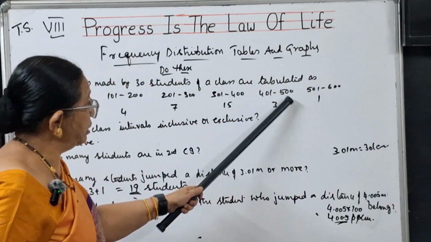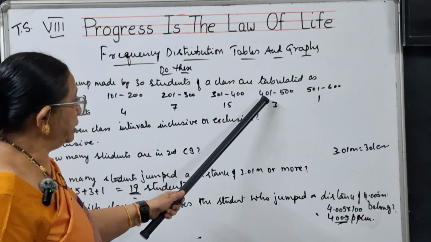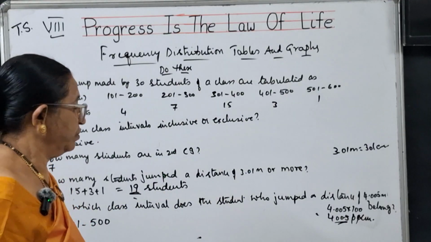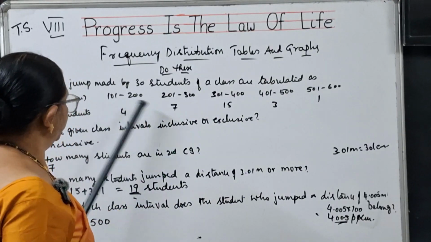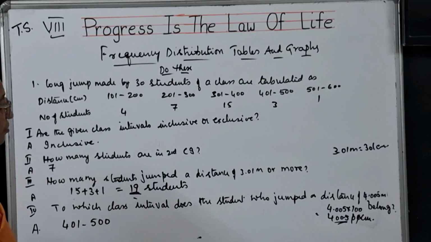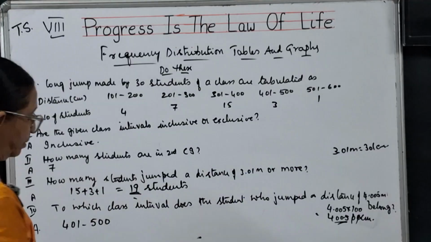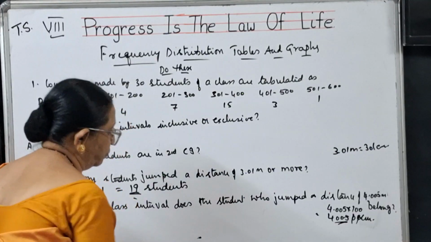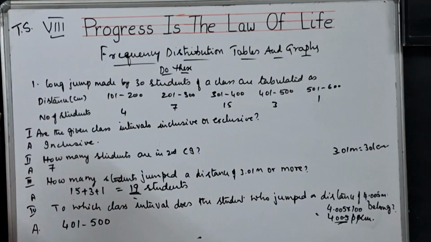Remaining all will come here only. So it will be taken here itself. So this is 401 to 500. In that only we are going to take the student who has jumped. So I hope I am clear, children. This is the first sum. Please note it down.